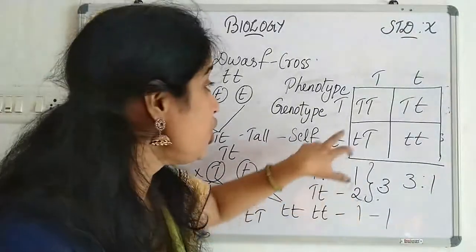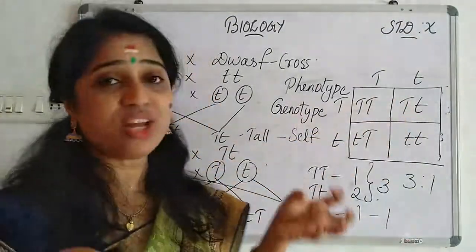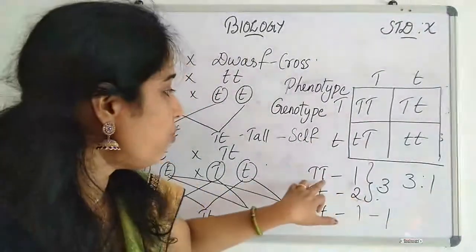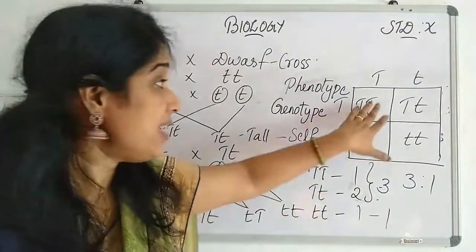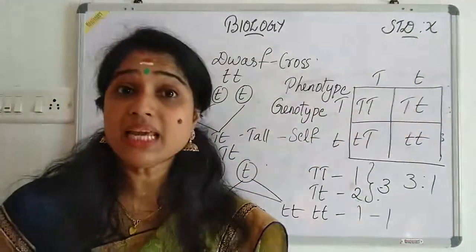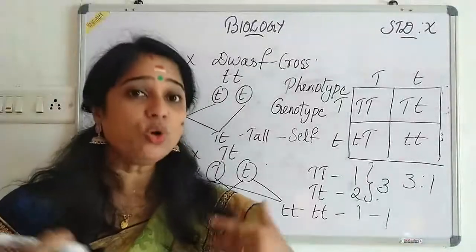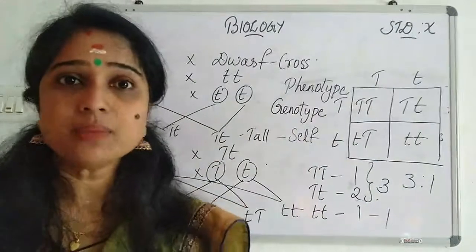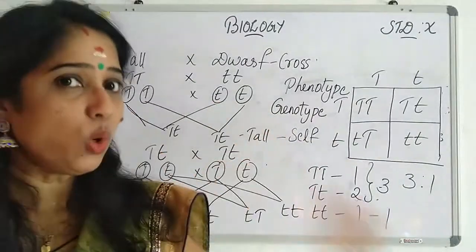Then what about the genotypic? When he observed the genetical makeup, the genotype, he could see that only one is pure tall, and two are intermediate. Both are there. Even though the plant is tall, in the genetical makeup, one capital T and one small t, both are there.